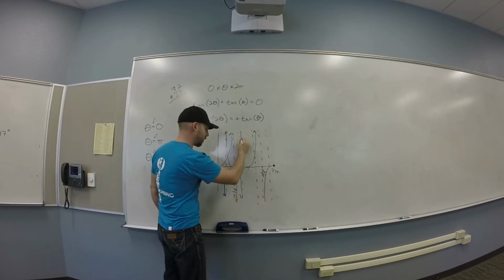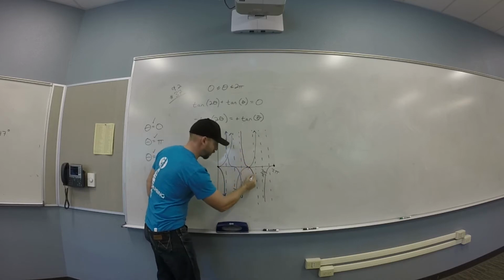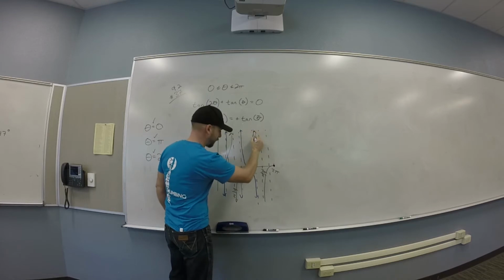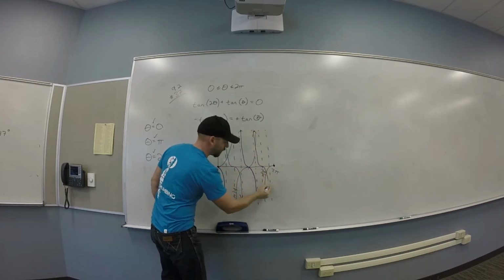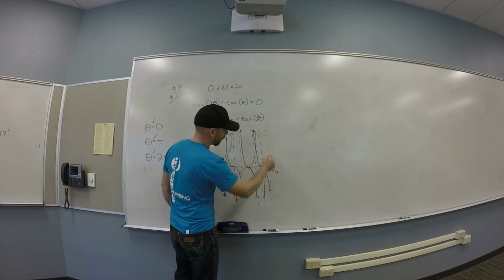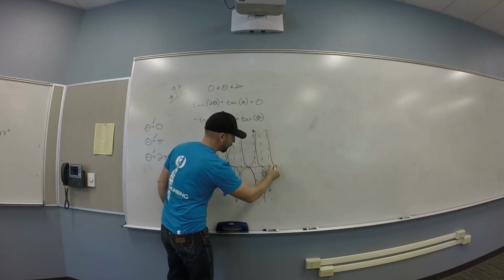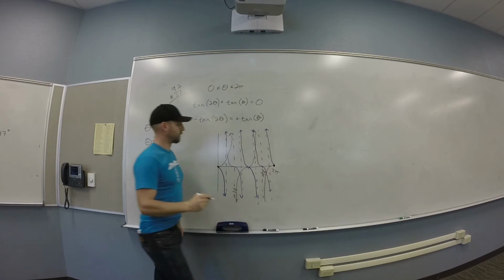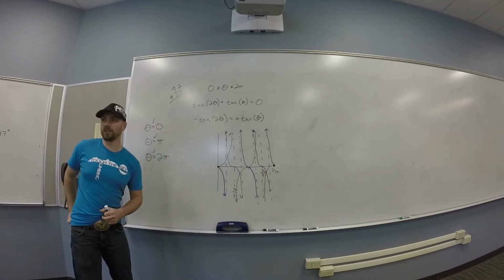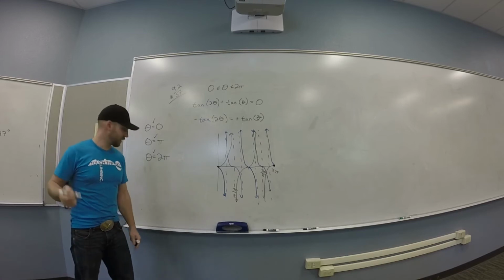So I need another one flipped over and drawn in there. And another one flipped over and drawn in here. Very nice. And another one flipped over and drawn in here. Okay, so far I think I have intersections that are relatively obvious.